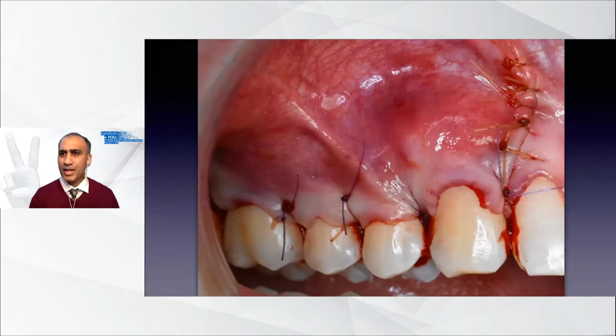And I can tell you this time, with the reduced thickness of the material, the advancement was a lot easier. As you can see here, I've been able to coronally position the gingival margin almost 1.5 to 2 millimeters coronal to the CEJ, which, as we know from the work of Professor Pini Prado and colleagues, is actually a pretty important predictor of the final resting place of the gingival margins in the long term.